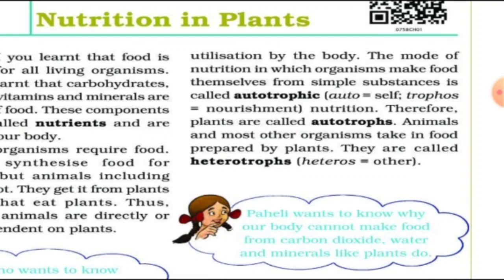They are called heterotrophs, and the mode of nutrition is called heterotrophic nutrition. Heteros means other. Paheli wants to know why our body cannot make food from carbon dioxide, water and minerals like plants. Because we don't have the chlorophyll pigment, which is very essential in photosynthesis.